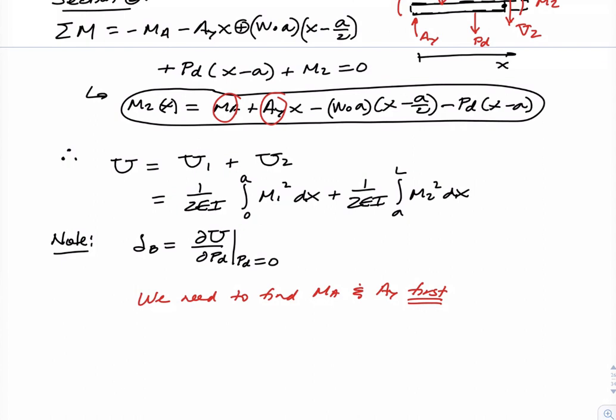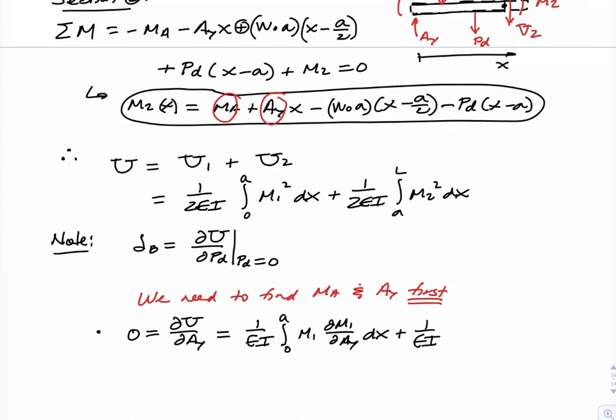We will use Castigliano, and that says that if I take the partial of U with respect to one of my redundant reactions, AY, I'm going to have 1 over EI integral from 0 to A of M1 partial M1 with respect to AY dx, plus 1 over EI integral from A to L of M2 partial M2 with respect to AY dx.